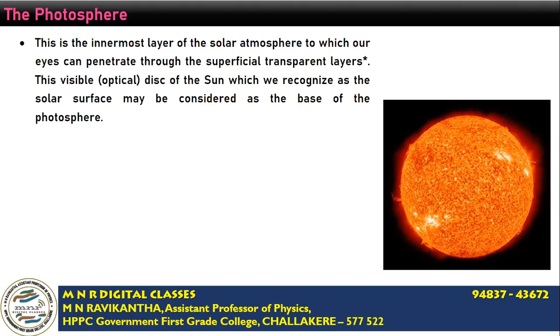Our view is obstructed beyond the layer by the rapidly increasing opacity and density of the gas layers inwards. If we move from the visible optical surface of the sun to the interior, the opacity of the denser layers increases, which obstructs the visibility of the observer.